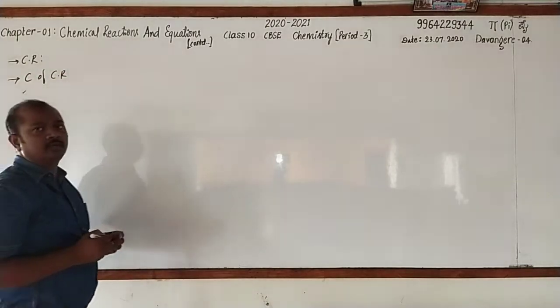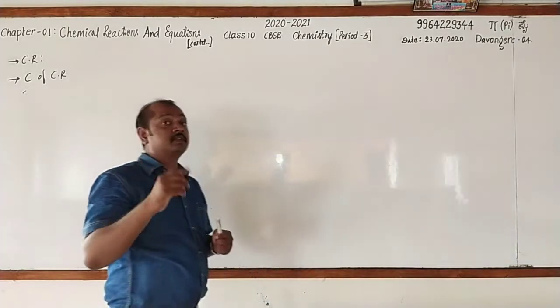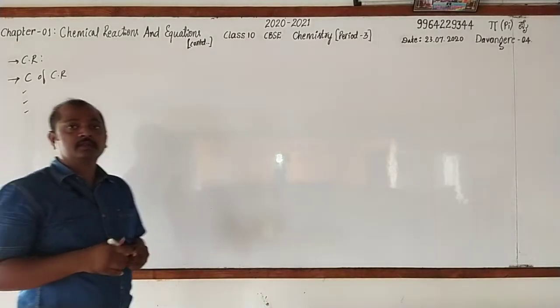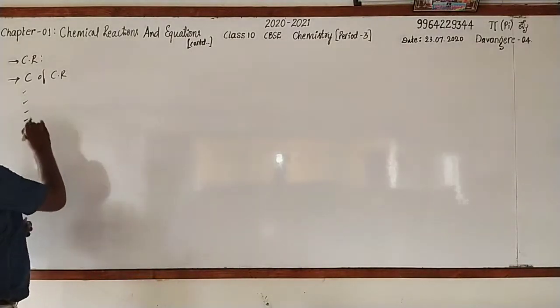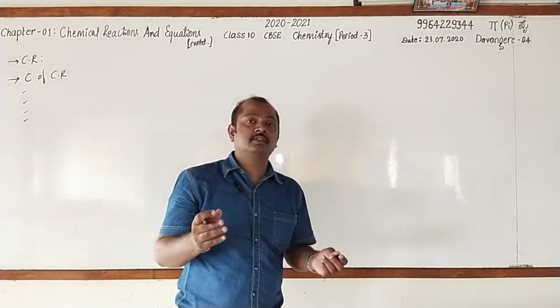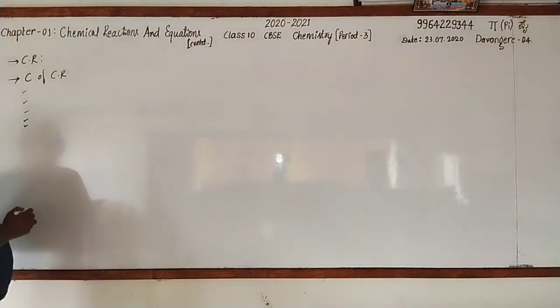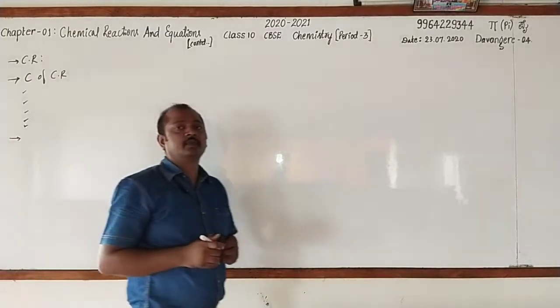They are, first one is evolution of gas, right? Second one, formation of precipitate. Third one, change in color. And fourth one, change in temperature. And fifth one is change of state of a substance. So these are the 5 observations which decide the chemical reaction.